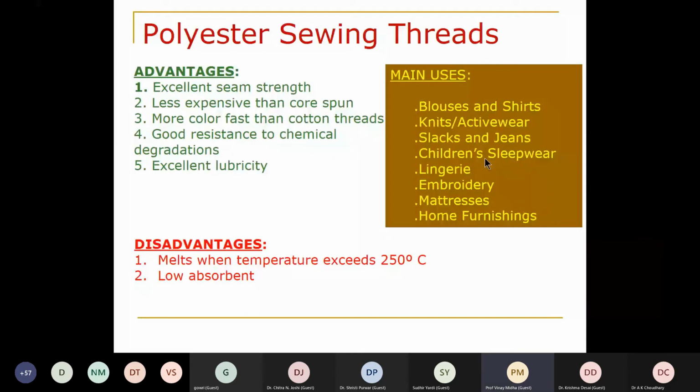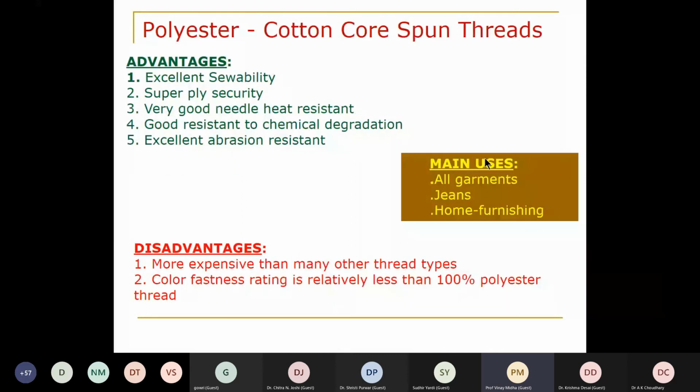Then coming to the core spuns, the polyester cotton core spun. They have the advantage of excellent sewability, because the breakage of the sewing thread can be minimized in this case. We have discussed that the strength is better, and at the same time they are able to sustain the high needle temperatures also, because the wrapper fibers, the surface of the thread, are cotton fibers, and the strength of polyester we can achieve.